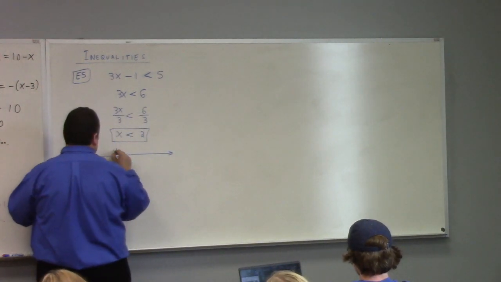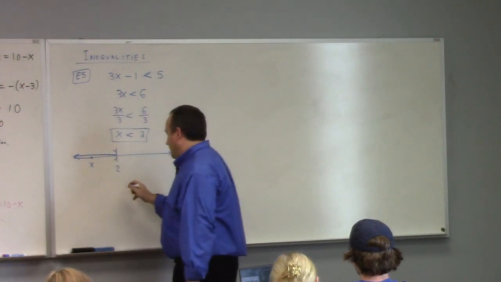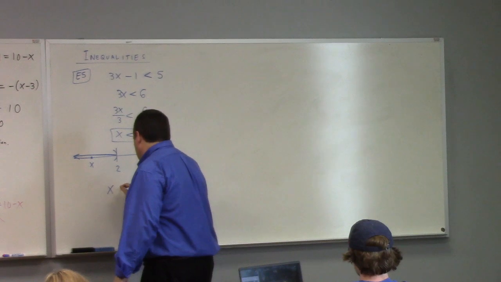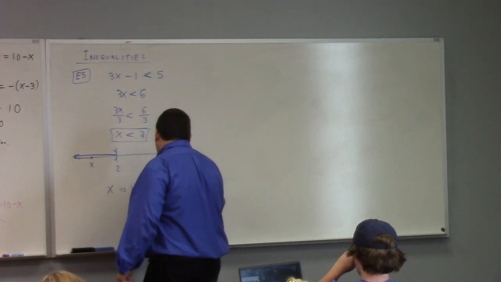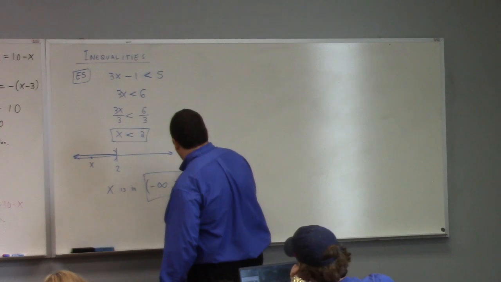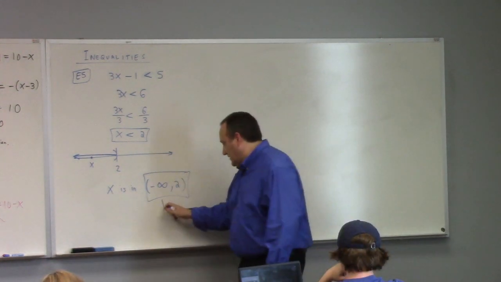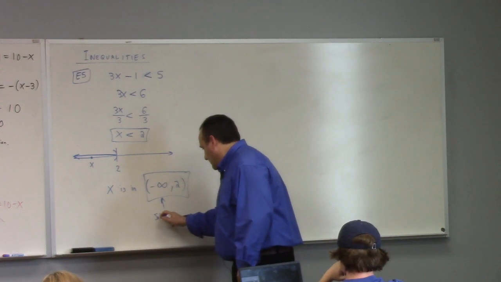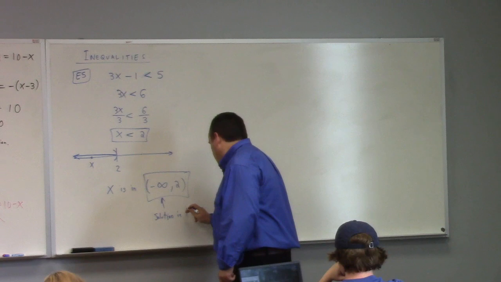And so we could draw it like this if you want. But the point is x is in the interval from minus infinity to 2, not included. So this right here is the solution in interval notation.